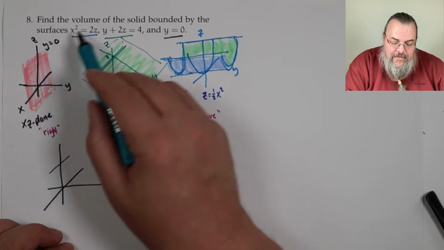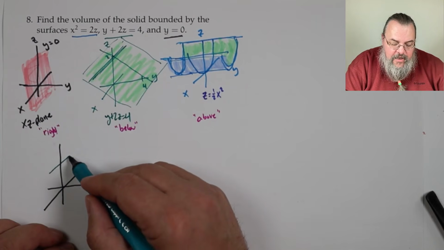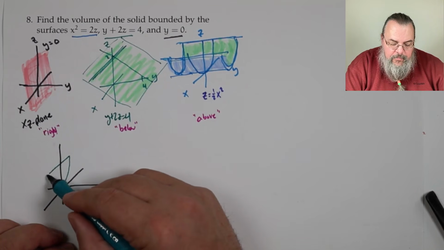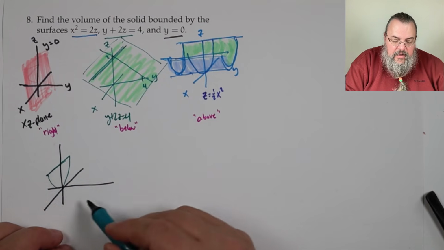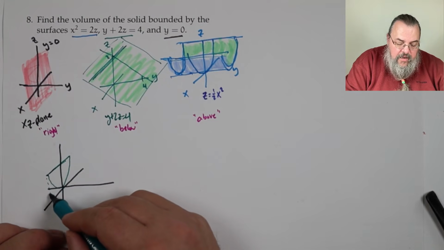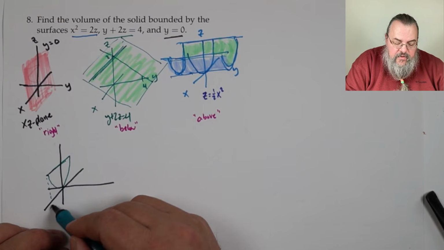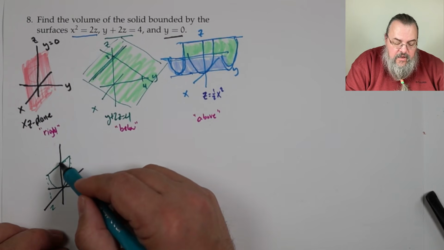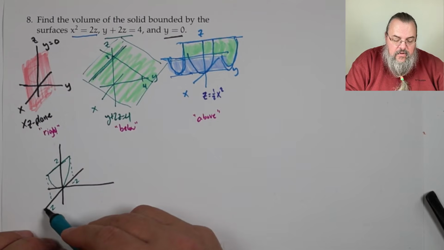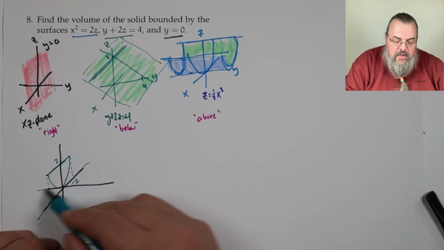At z equals 2, you have x squared equals 4, and we get this shape here. So in the xz plane, this is at positive 2, here we're at negative 2, and this is also at 2. That's where we're hitting the xz plane.